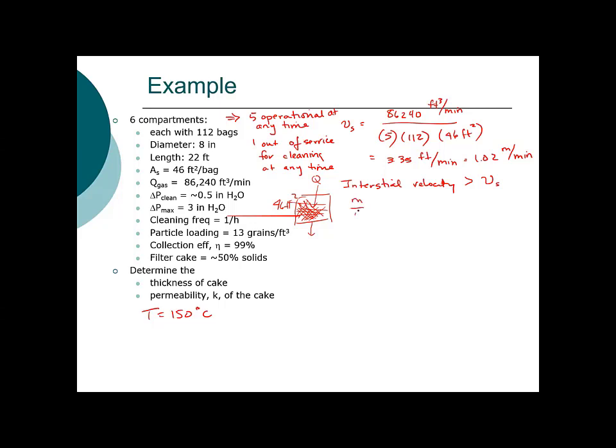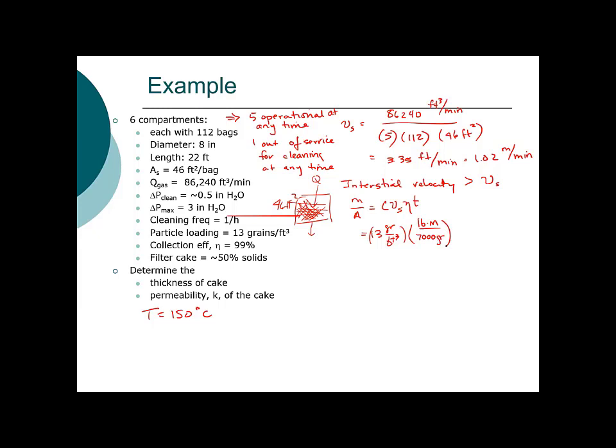Now, using the equation for the efficiency, we can rearrange that: mass divided by area is equal to concentration times my approach velocity times my efficiency of removal times the time of operation. And we have 13 grains per cubic feet. We have pound mass per 7,000 grains.